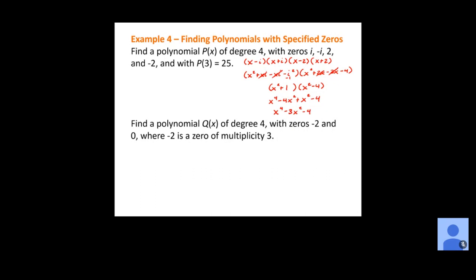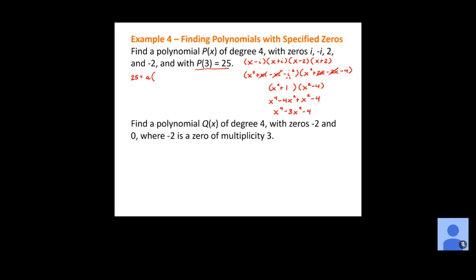Now, there's one other thing we have to consider here. They told us that P of 3 needs to be equal to 25. So remember, we said before, we can actually take a polynomial and multiply it by some value without changing the zeros. So what I want to do this time is set this equal to 25. I'm going to multiply by some a value on the outside.